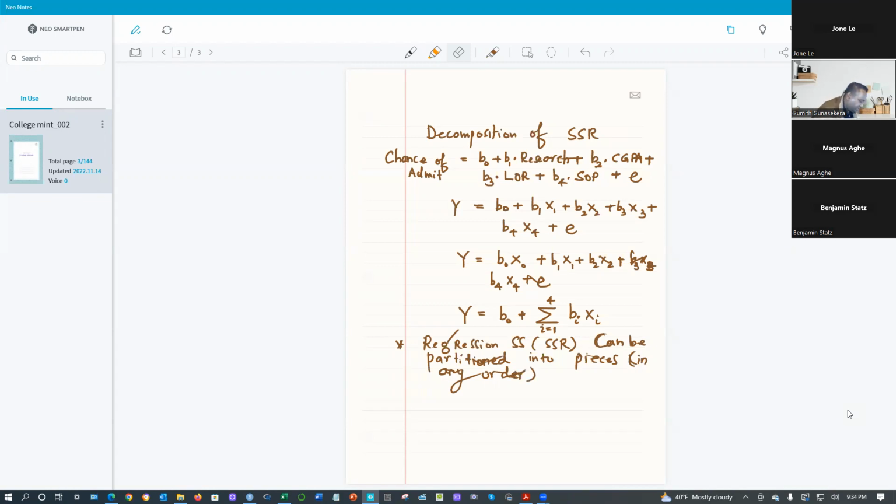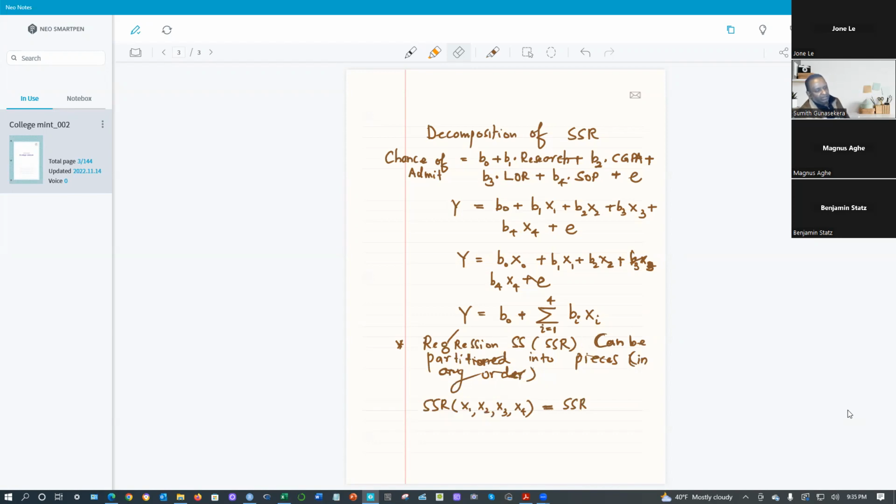Okay, look at what I'm gonna do. I'm gonna write SSR in this form, with the aid of all the variables, four variables. This is the proper way of writing SSR later on. SSR is equivalent to SSR being calculated only with x1.